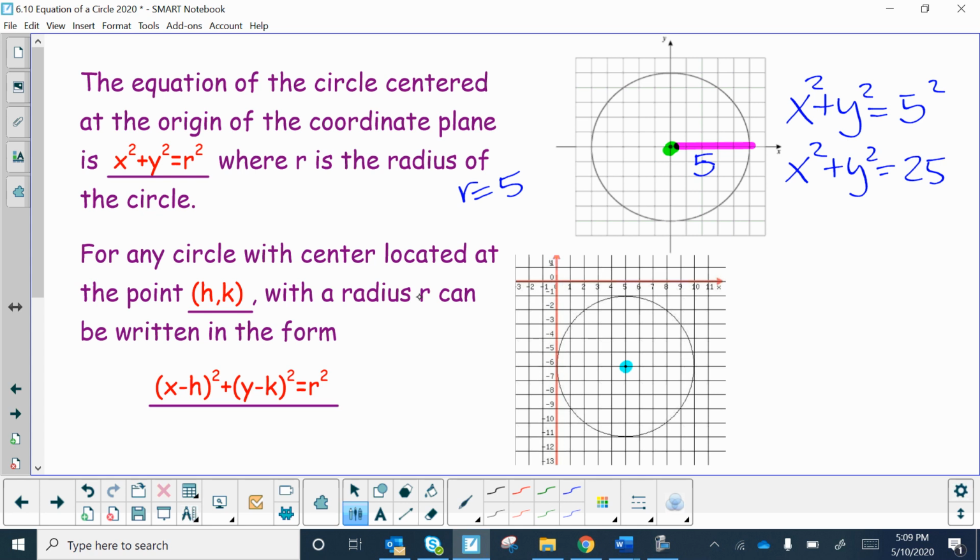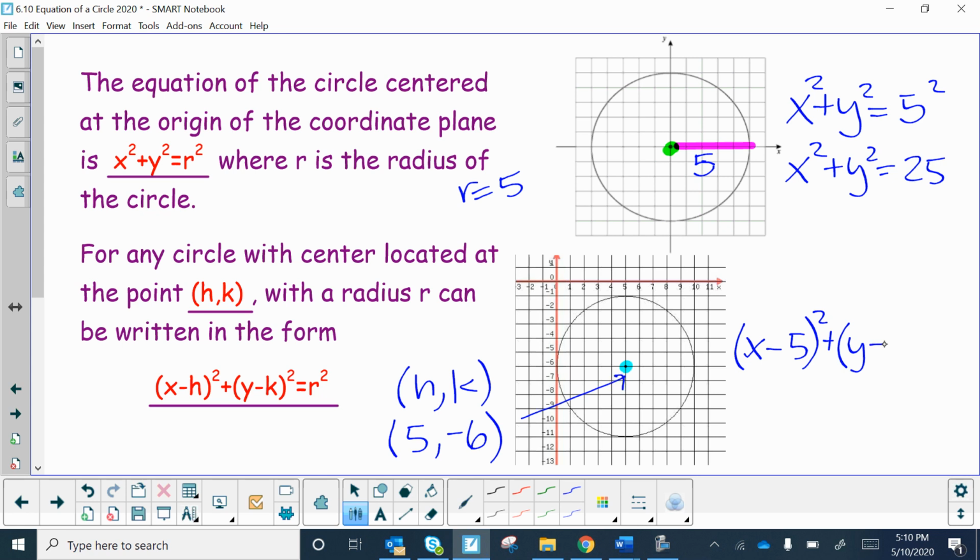So let's write down what the center was. The center, which was h, comma, k, is at 5, -6. So h is represented with 5 and k is represented with -6. All we're going to do is plug those numbers into the equation. Here's how this equation would look: x minus h, which was 5, squared, plus y minus k, which k was -6.